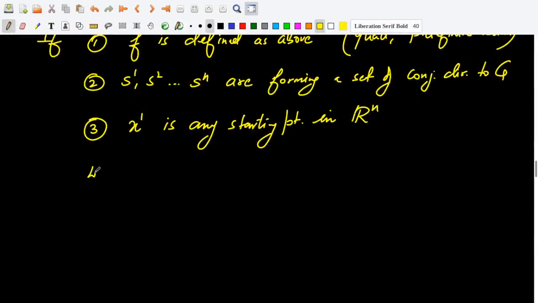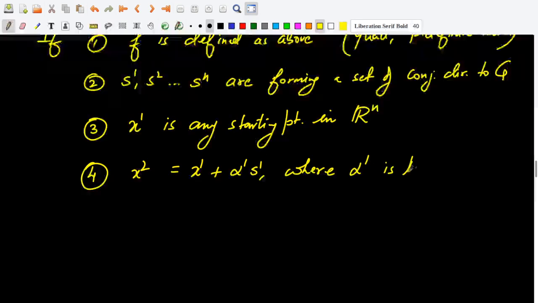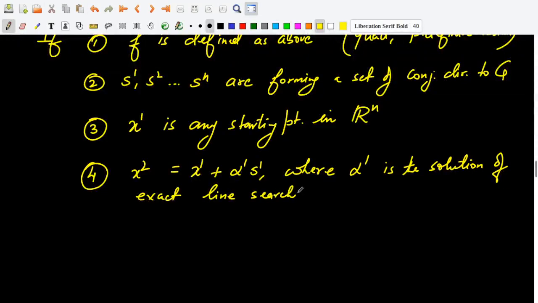and number 4, x2 is equal to x1 plus alpha 1 s1, where alpha 1 is the solution of exact line search on f along direction S1.